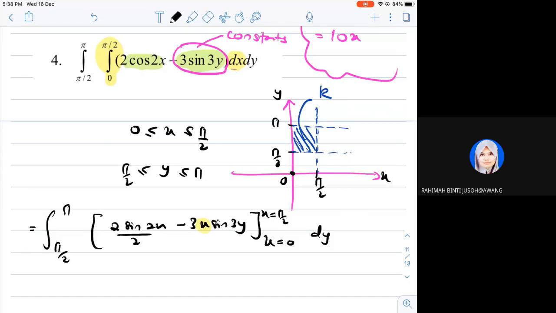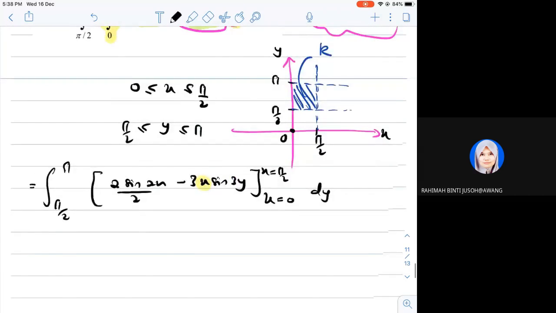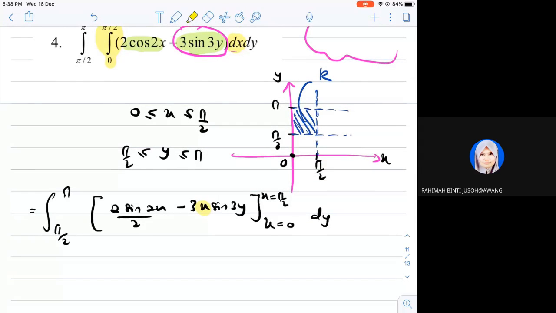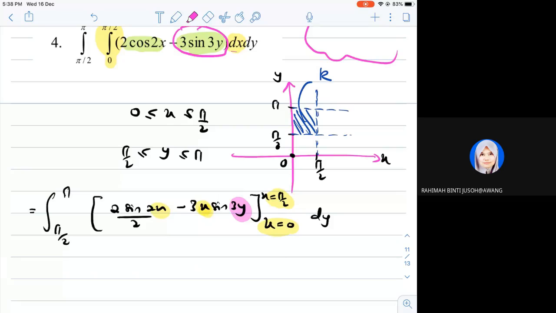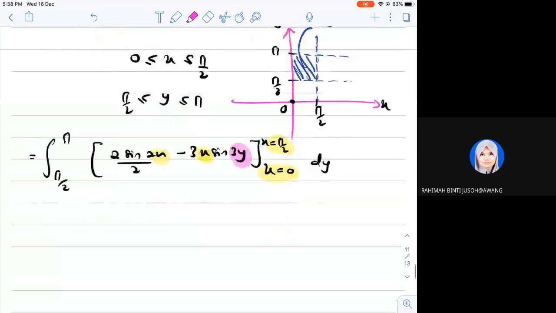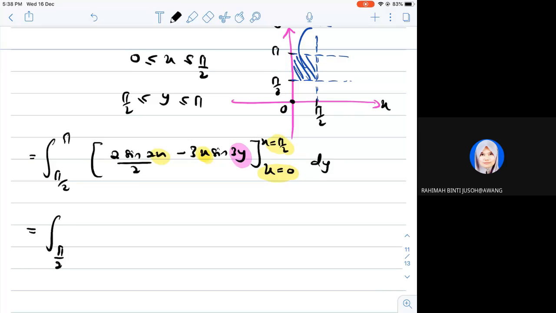I am doing this so that you know you have to substitute the values of x here and the values of x here.